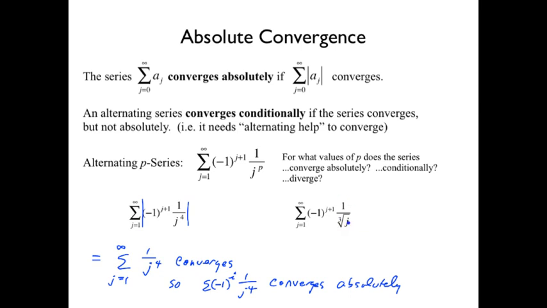Because we know for 1 over j to the 1/3, the bottom gets big, so that will decrease to 0. As an alternating series, that will converge. Now the question is, is it absolutely convergent? No, because if you put absolute bars on here, now we've got the p-series with p equal to 1/3, which doesn't converge. Therefore, this one is conditionally convergent. It needs the alternating help. Without the alternating help, it diverges.